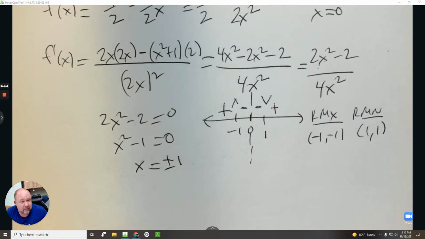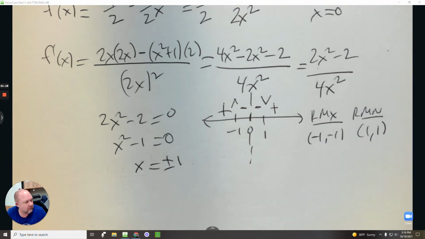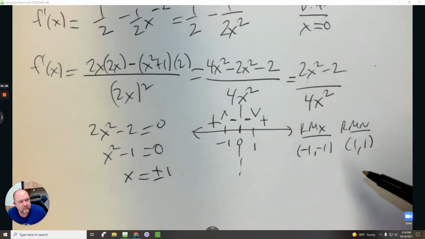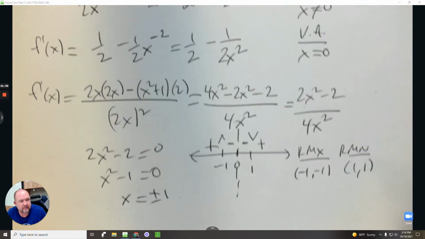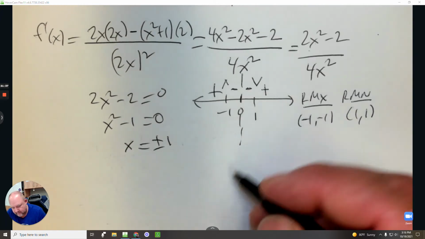And so there's no point of inflection, so I'm not going to bother in terms of concavity. Draw this.